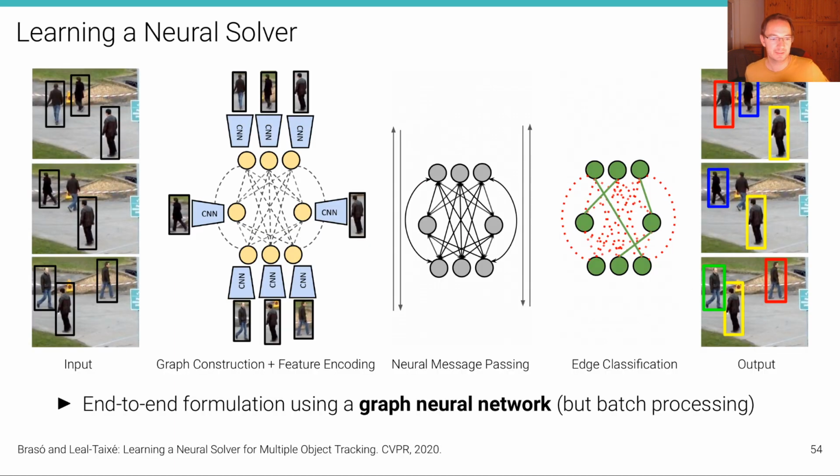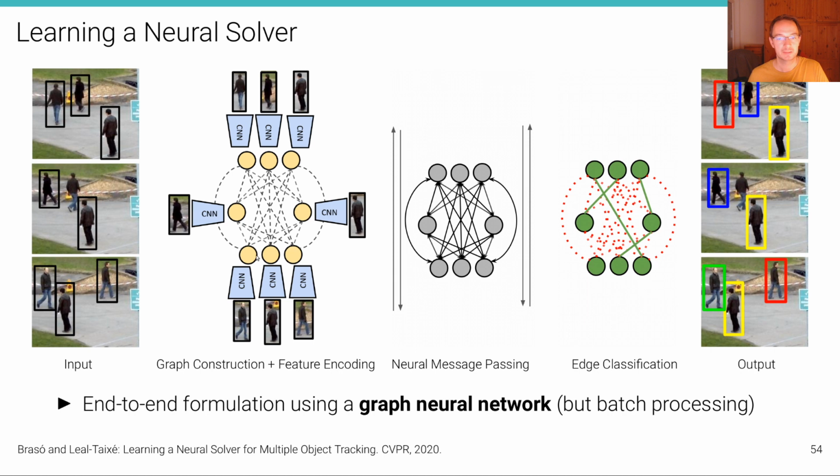And another more recent idea that has achieved state-of-the-art results is actually much simpler. It's realizing that basically we have a graph-based problem here, and if you have attended my computer vision lecture, you've seen that there has been great advances in graph neural networks in the last decade. And so of course it's natural to ask, can't we just directly solve this problem using graph neural networks? And it works quite well. So in this case, the input is encoded using convolutional neural networks into features.